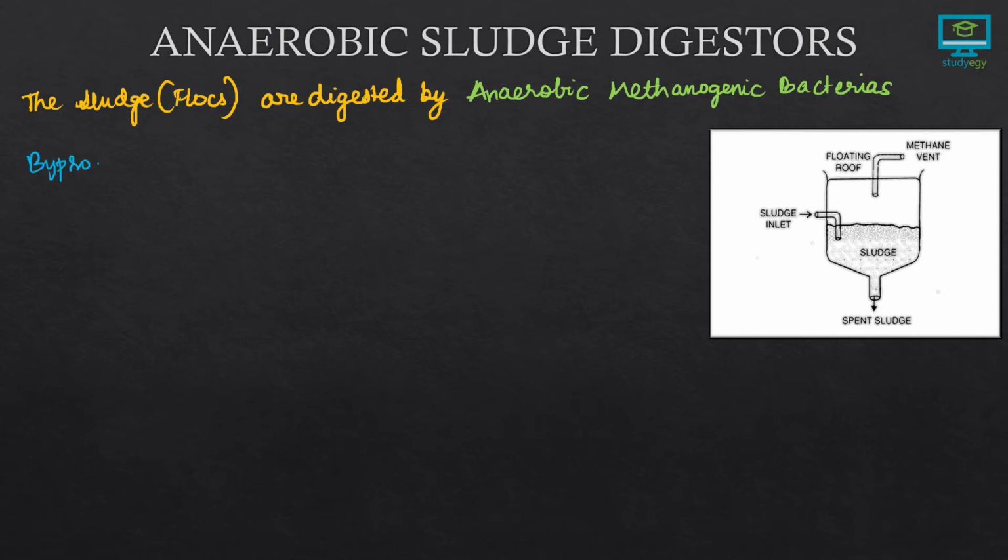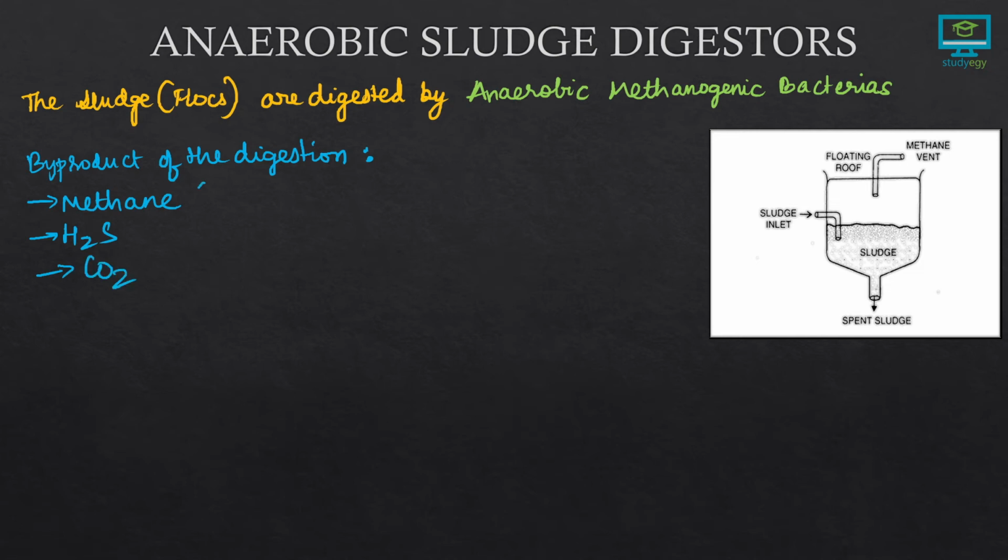As the byproduct of the digestion, we get methane, hydrogen sulfide and carbon dioxide. If you can remember, these three are the constituent gases present in biogas. So it can be used as a source of energy.